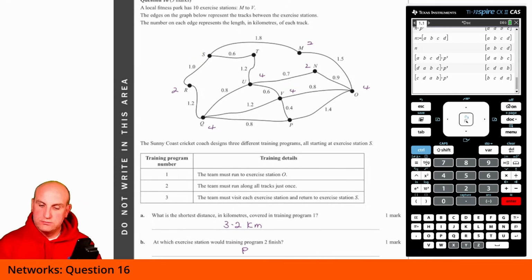Between 3. The team must visit each exercise station and return to S in the minimum distance. All right, so let me think what the minimum distance would be.